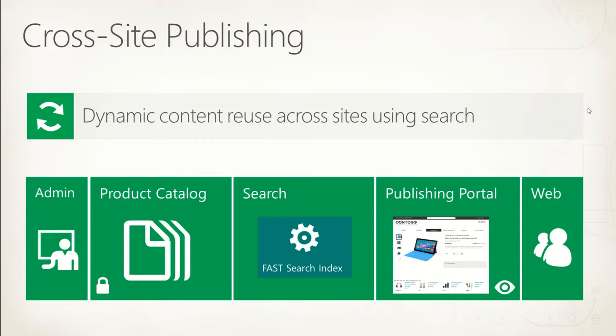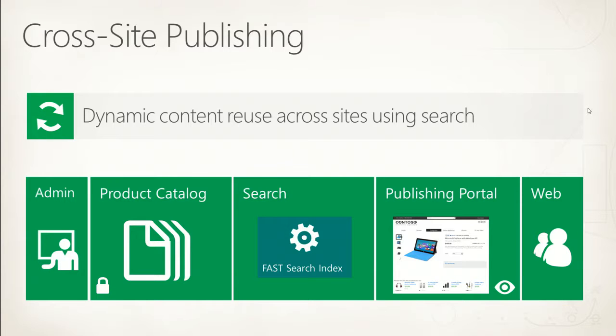So if we, for example, have the home appliance category that is managed by a different team in a different catalog, even a different department, in a different site, it is very easy from the publishing portal to connect to multiple catalogs and then create a consistent user experience using search. So it has become very easy to reuse content from lists and libraries using cross-site publishing in SharePoint 2013.